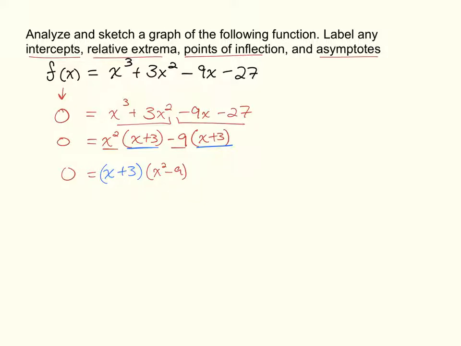And it turns out that the x squared minus 9 can be factored into x plus 3, x minus 3. Thus leaving you with x plus 3 squared times x minus 3, and all of that is equal to 0.